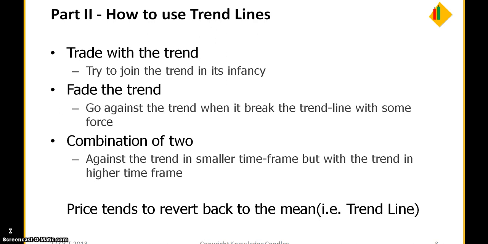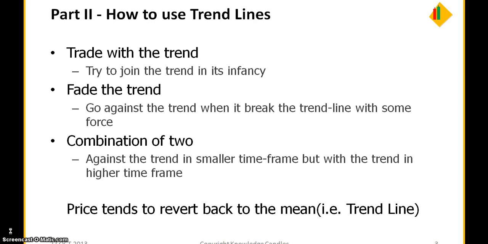When I say combination, what it means is that you look at two different time frames, one larger time frame and one smaller time frame. So let's say an hourly time frame and a 5-minute or 15-minute time frame. Now if the price is trending in one direction on hourly, then you look for trends in the same direction on a smaller time frame as well.